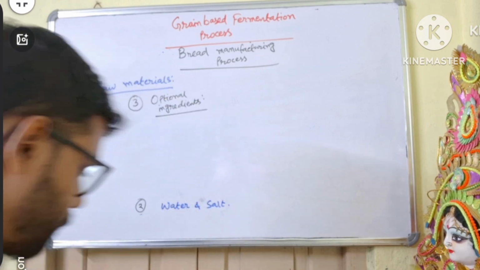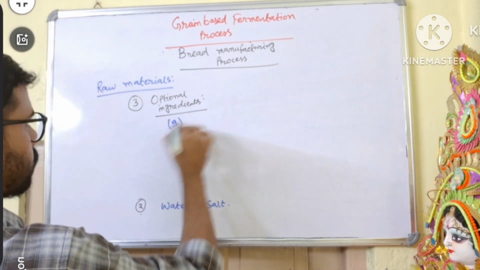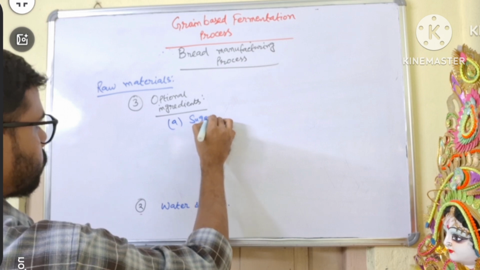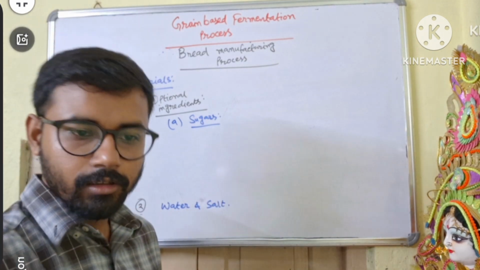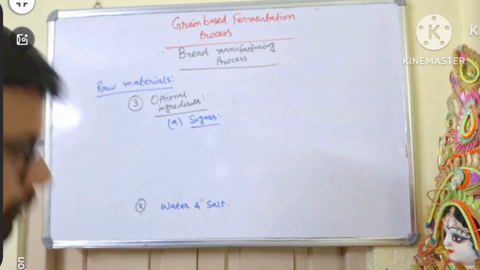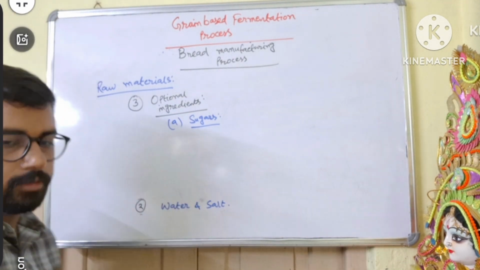Optional ingredients, number one, sugar. So the must-have requirements are flour, water, salt, and optionally we can add sugar for more texture and more flavor.